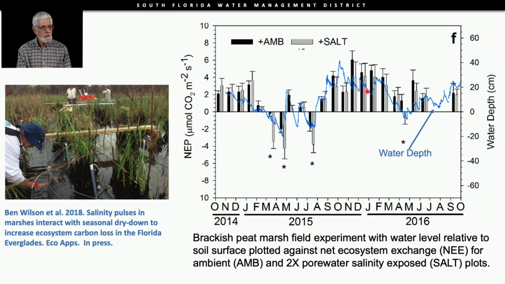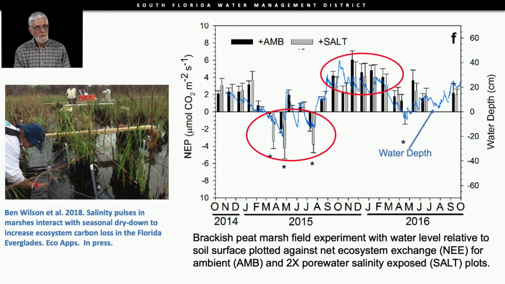When we don't have enough water in the system, the more salt there is in the system, which is the gray bar here, the more carbon loss there is. And when we look at the opposite time during the wet season, the more salt in this kind of peat collapse region, the less carbon sequestration there is at the same time.